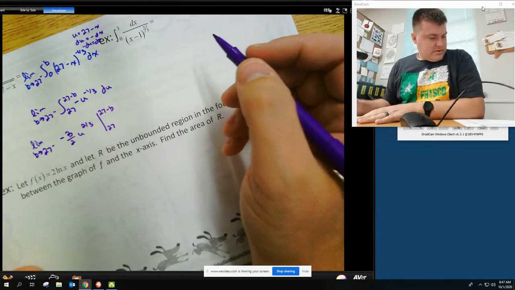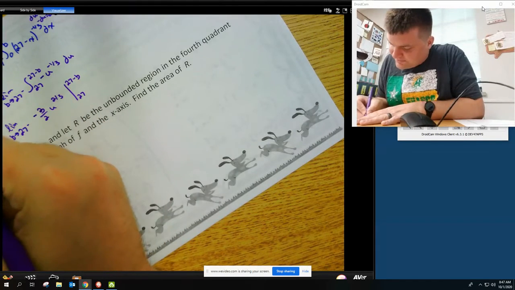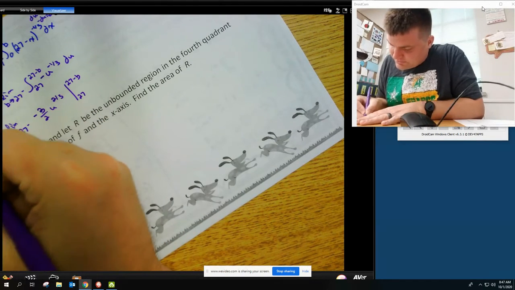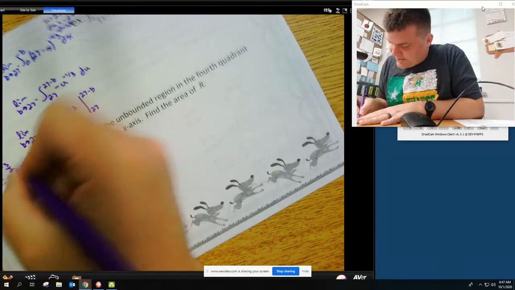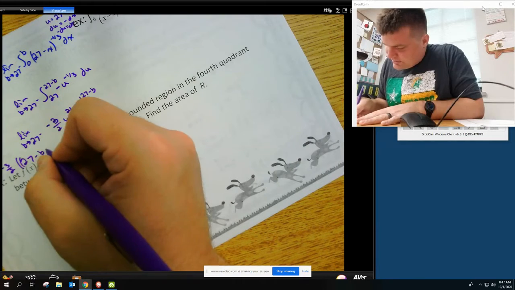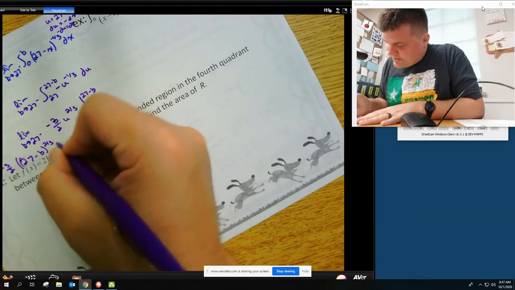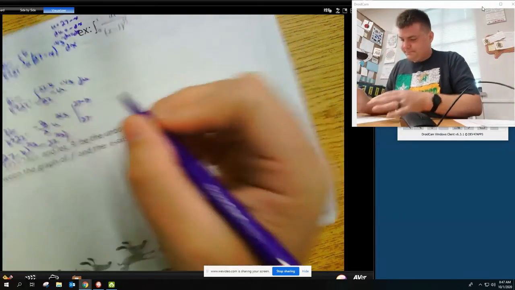So when I plug this all in, I'm going to get negative 3/2, pull that out, times 27 minus b to the 2/3 minus 27 to the 2/3.